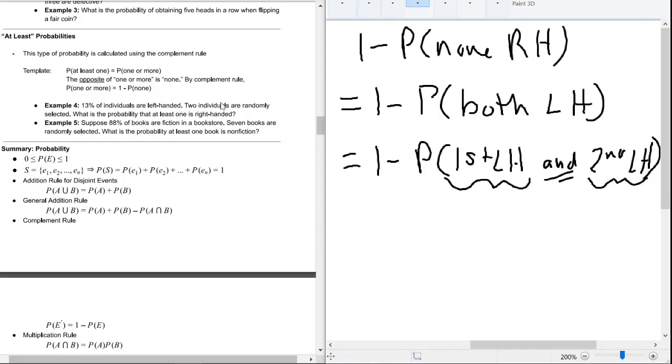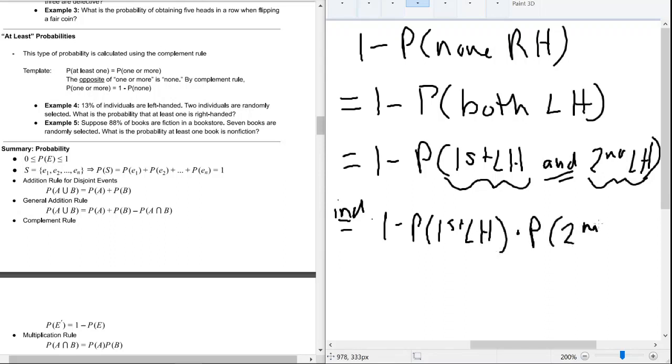The answer is no, because here they were selected at random. So if they have nothing to do with each other, we have independence. Okay. So by independence, we have 1 minus the probability that the first is left-handed, and then we multiply by the probability that the second is left-handed.